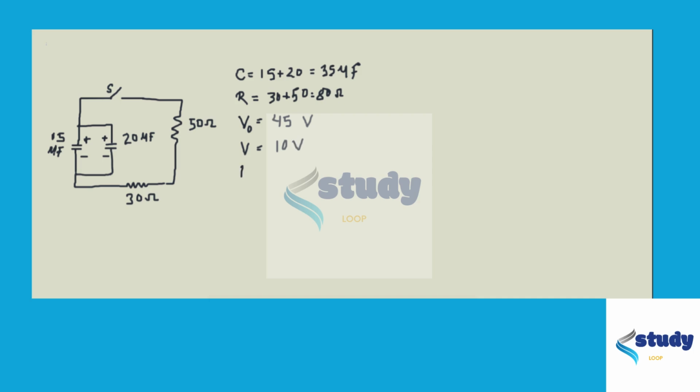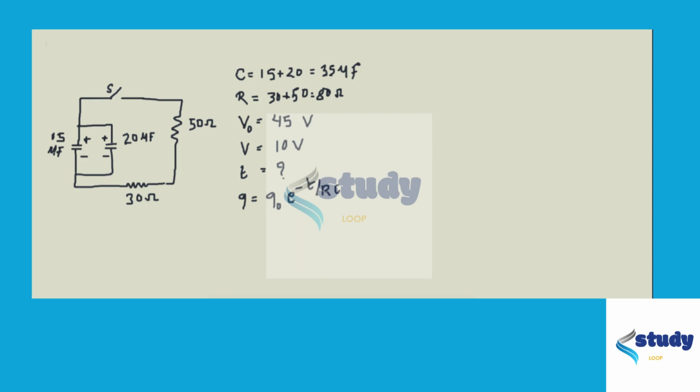So how long would it take from 45 to 10 volts? Since this is the case of a discharging capacitor, Q is equal to Q naught e to the power minus t by RC, where Q is the charge at any time t and Q naught is the maximum charge that can be there on the capacitor.